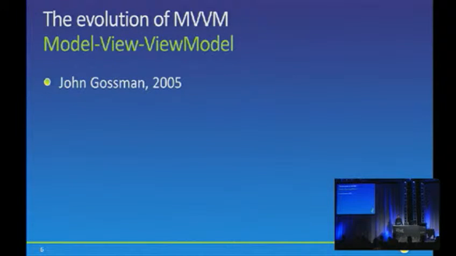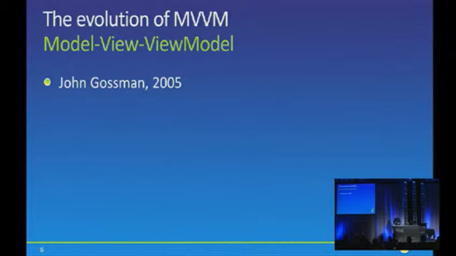Where does it come from? So back in 2005, a chap called John Gossman, who was working on a Microsoft team that were creating this brand new presentation stack, this brand new way of creating presentation applications, wrote a blog article about how they were using the MVP pattern, but they decided that one or two of the bits in the XAML technology stack meant that they could subtly transform the presenter so that it would completely decouple itself away from the view.